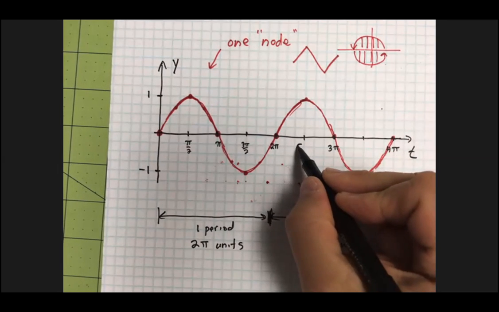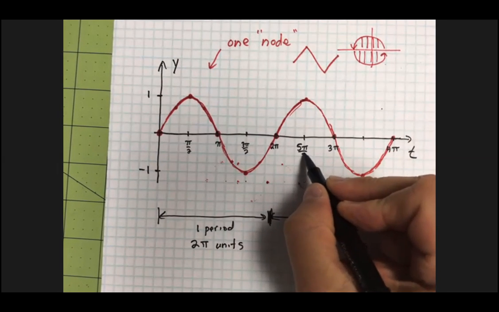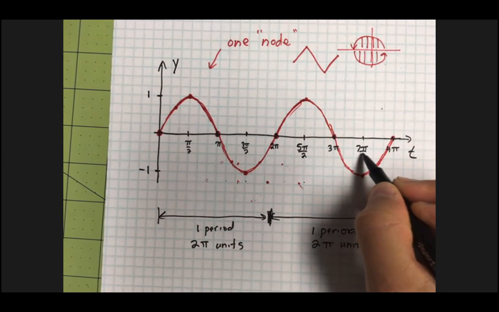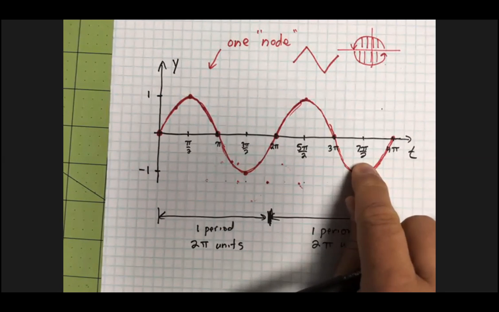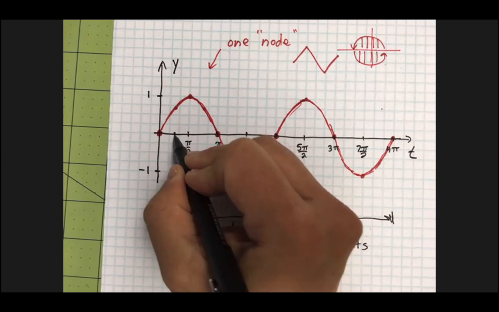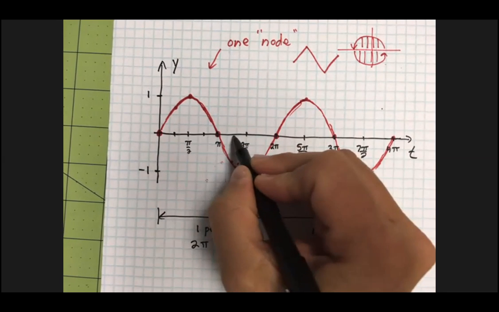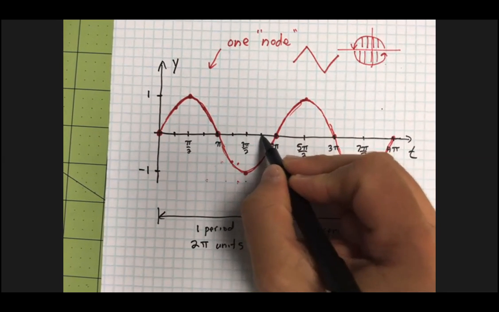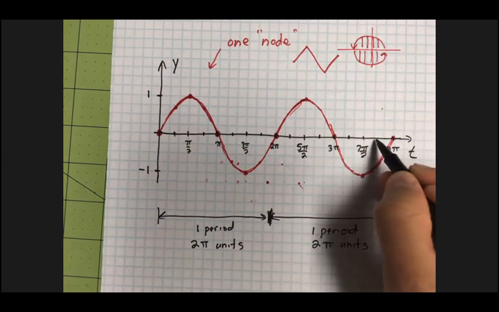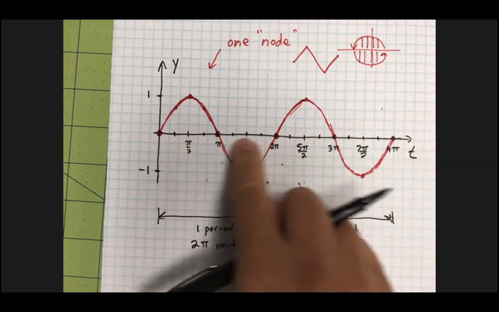Like I could add the other names in here, 5 pi over 2, 7 pi over 2. What is 7 pi over 2? 3.5 pi. I might add other marks, but I don't have to name all of them because that would get very busy. But make your scale consistent.